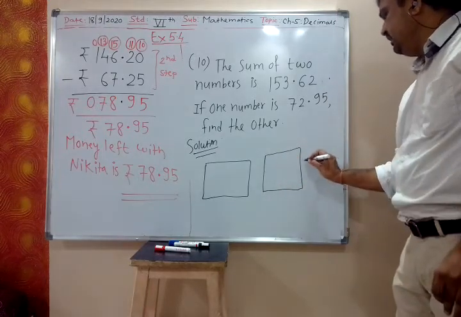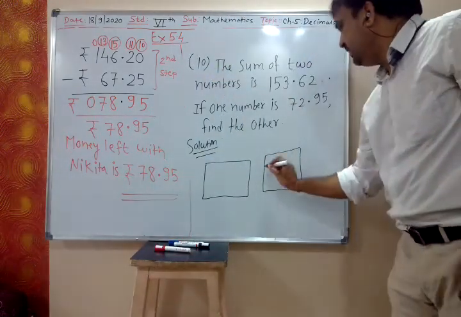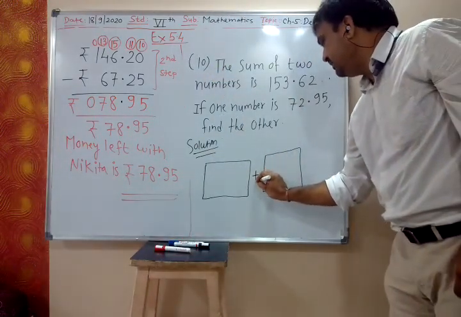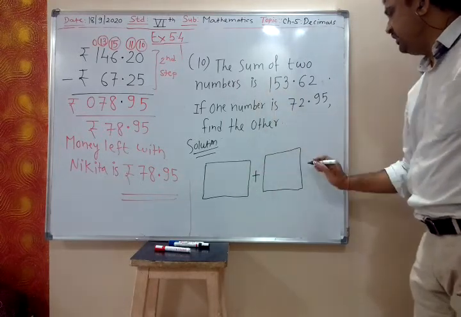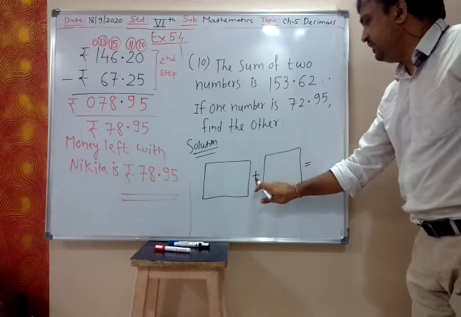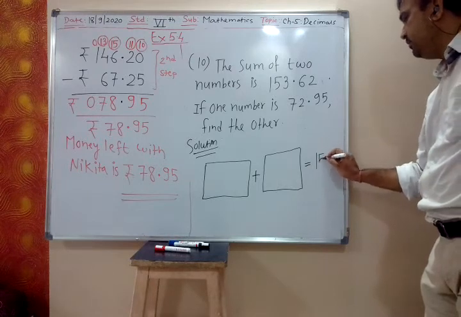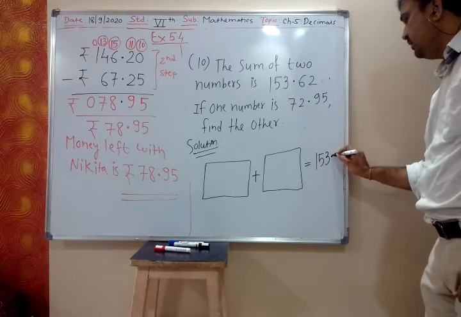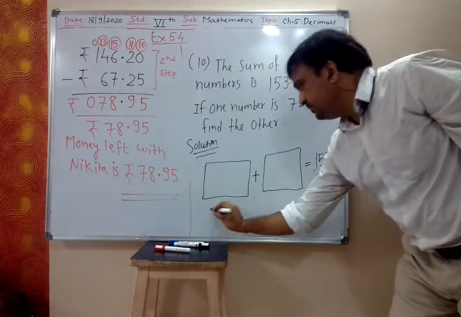And the sum means we write a plus sign between them. Sum means plus. So the sum of two numbers is, means equal to, 153.62. This is my first number.